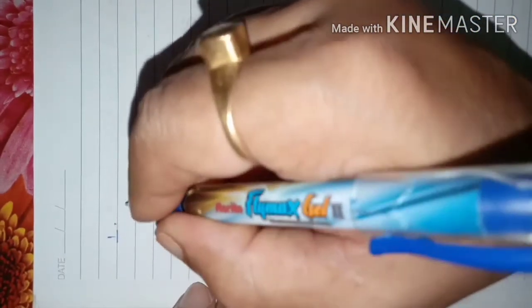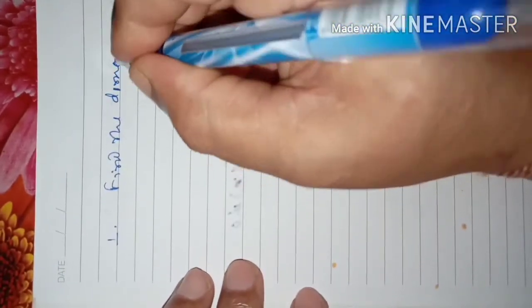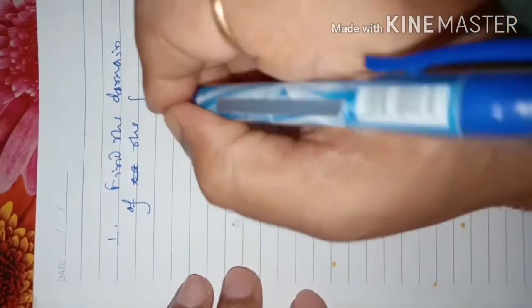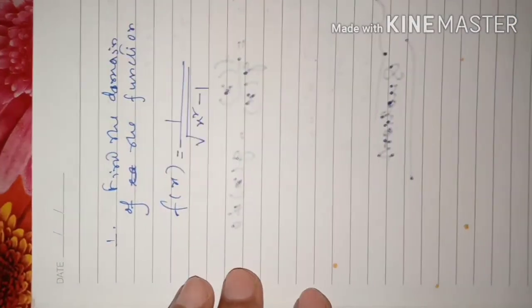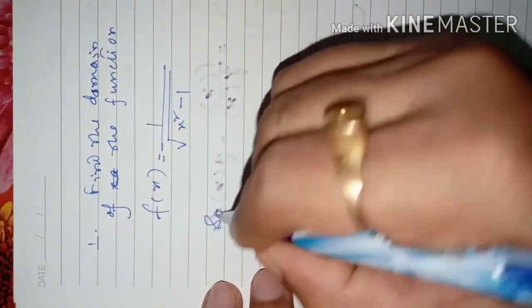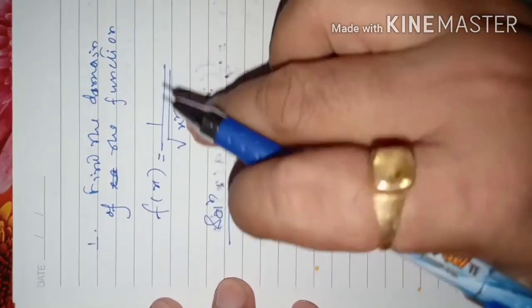Just see this question: find the domain of the function f of x equal to 1 by under root x square minus 1. For the domain, what we need to check is the denominator portion where x is involved.